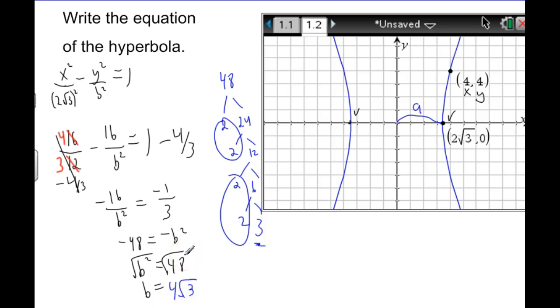Inside of the radical there is root 3. And so I know that my b value is 4 root 3, so I would put that in here. 4 root 3 squared would be 16 times 3 is 48. Well, that makes sense. Square root of 48 squared is 48. And so we have our equation.